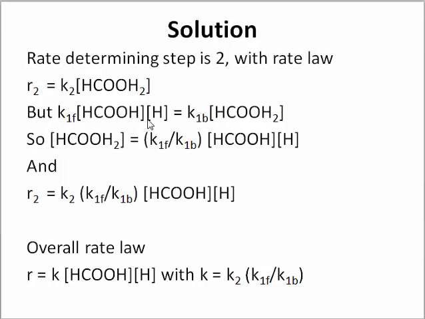Okay, so again, we write the rates for the forward and reverse equilibrium fast steps as equal to each other. And we can solve for the concentration of the intermediate HCOOH2. It's equal to k1f over k1b times HCOOH times H.